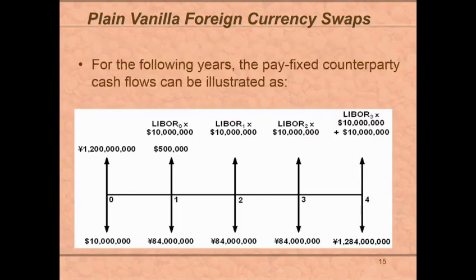So in a swap exercise, you could be given a table like what you've seen in the calculations, or you could be given a diagram like this. By convention, an upward arrow indicates receipt, a downward arrow indicates payment. So whose perspective is this?